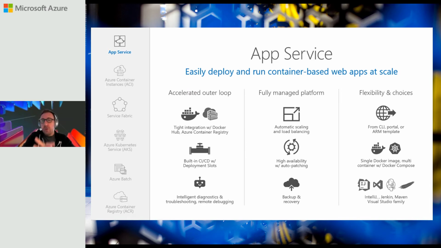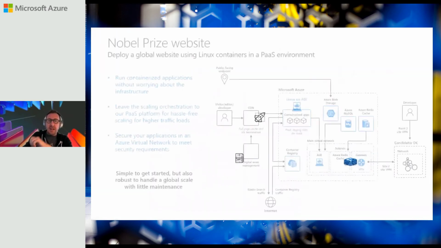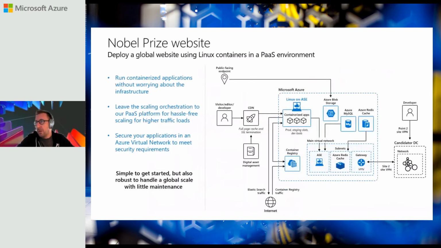Some of the things that you can do with this kind of setup is that you can have, for instance, a full environment build out based upon app services, and you're using full paths. One of the nicer environments that Microsoft helped build was the Nobel Prize website that's still running in ASEs on Linux environments.